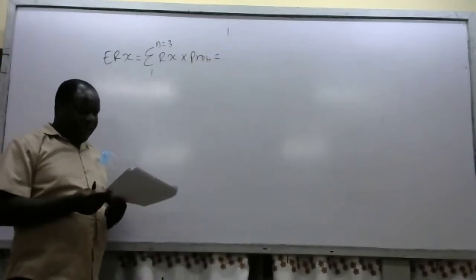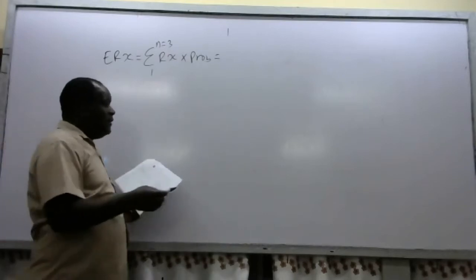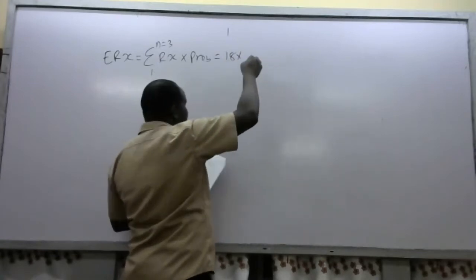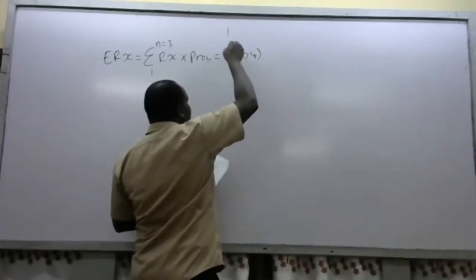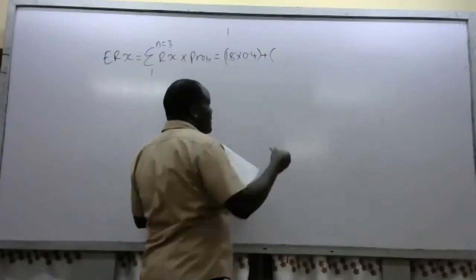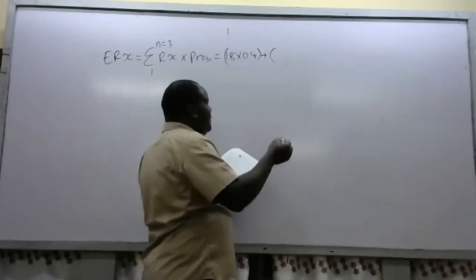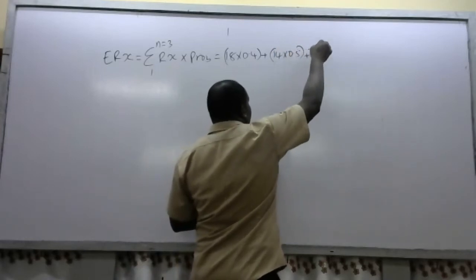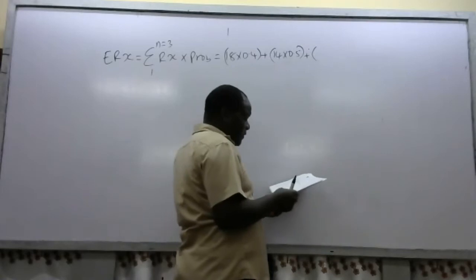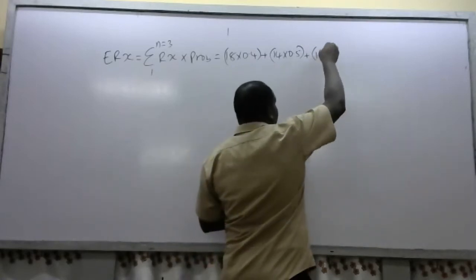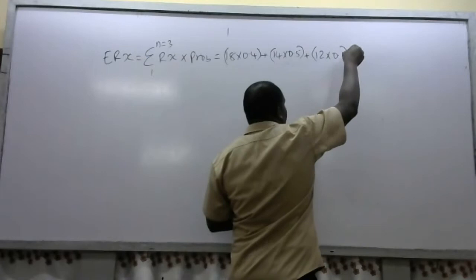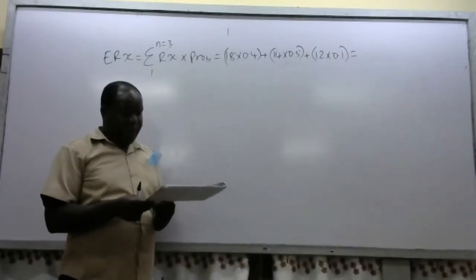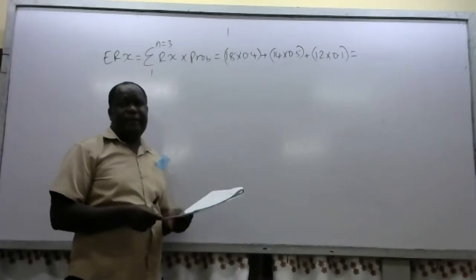The first return for X is 18, the probability of it occurring is 0.4. Then we add the second one, 14, with probability 0.5. The last one is 12, with probability 0.1. When you add them, they give you the expected return for X.